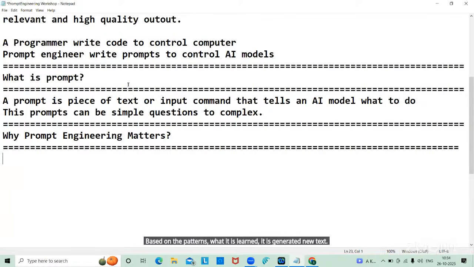That is generative AI. So you have to understand the difference between traditional AI and generative AI. Understood? Is it clear? Okay.